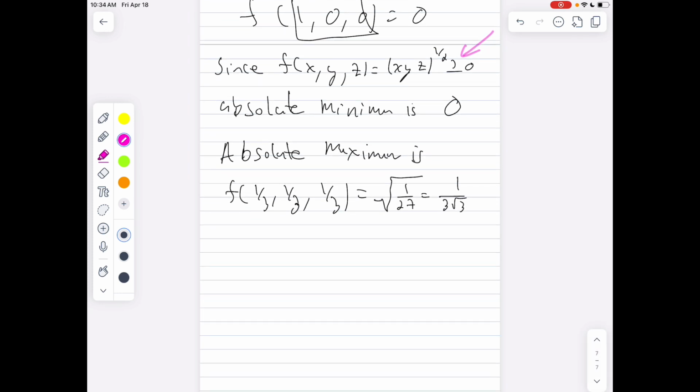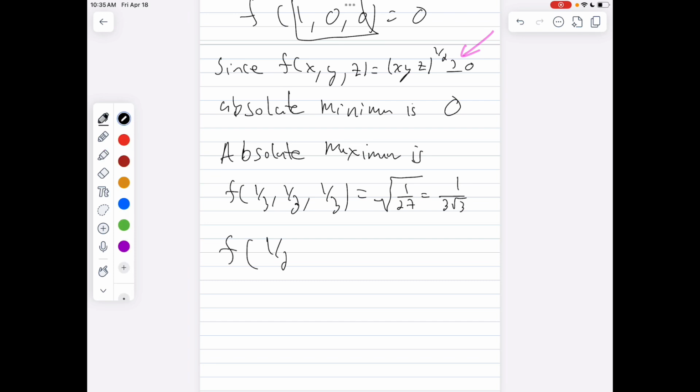And the absolute maximum would actually occur at 1/3, 1/3, 1/3. If you plug that into your function, you would get the square root of 1 over 27, or 1 over 3 root 3. And you know this is a maximum because if you test one, it satisfies the Lagrange multipliers, but the other thing is to make sure you pick some points that are in the constraint and put them back into your function. So let's say 1/2, 1/3, 1/6.